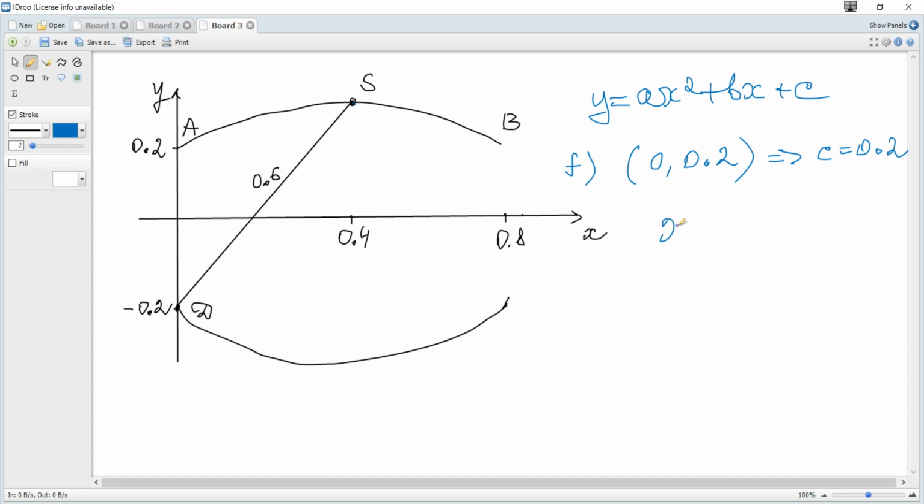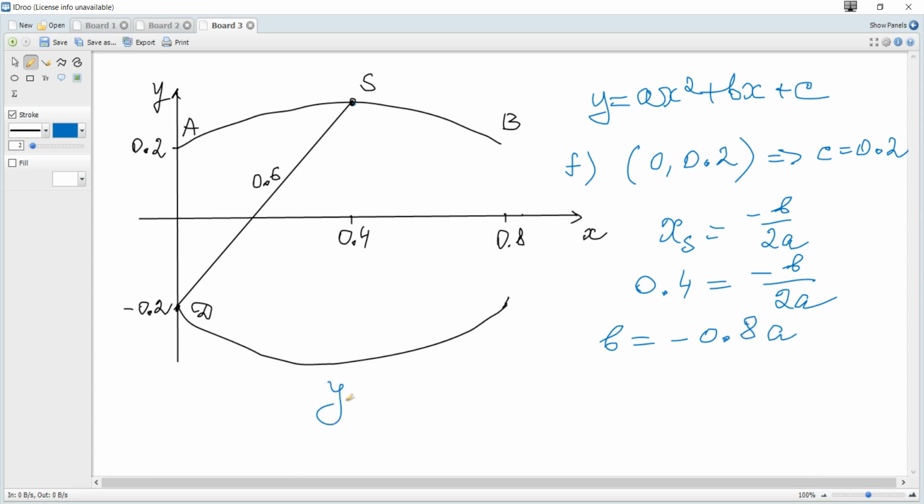X coordinate of a vertex is negative b over 2a. This formula is given in a data booklet, and since it's in the middle, its x coordinate is 0.4 and is equal to negative b over 2a, and hence I can get b in terms of a, which is negative 0.8a, and hence we get this equation in terms of a only.